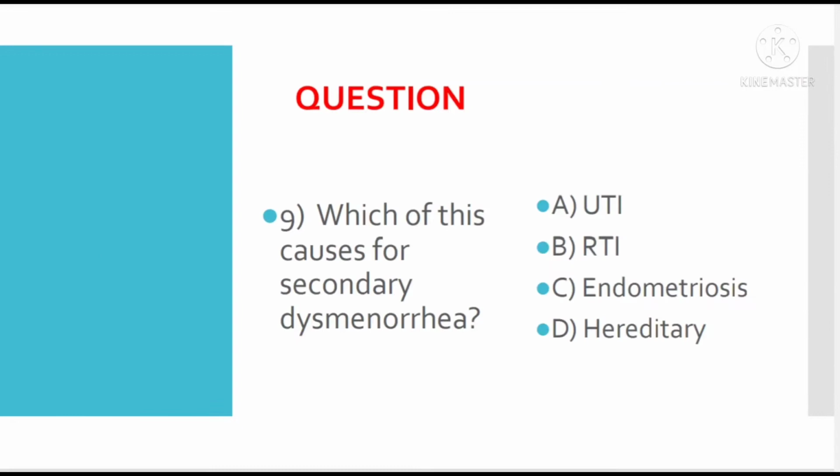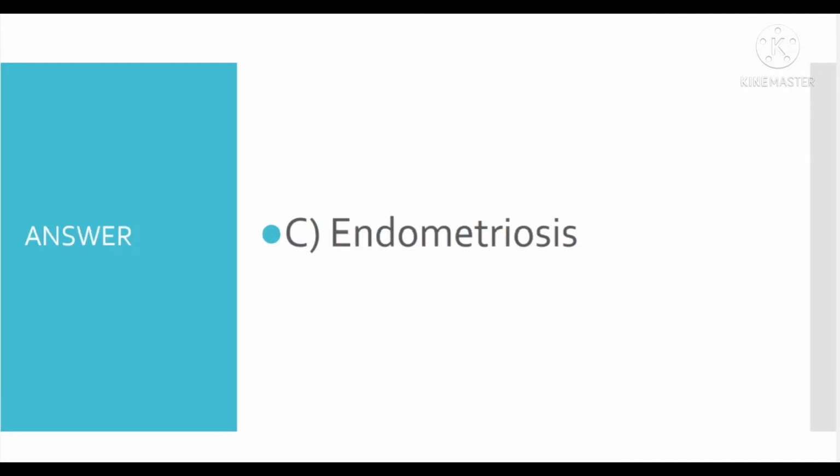Next question, question number 9. Which of these causes secondary dysmenorrhea? Option A urinary tract infection, option B respiratory tract infection, option C endometriosis, and last one option D hereditary. Here the correct answer: option C, endometriosis.